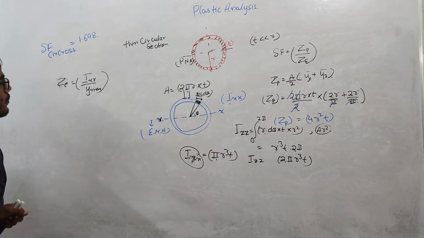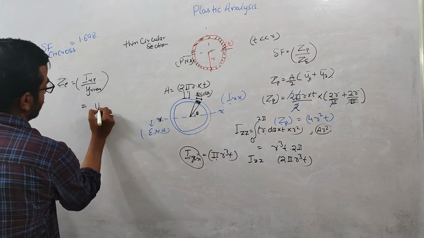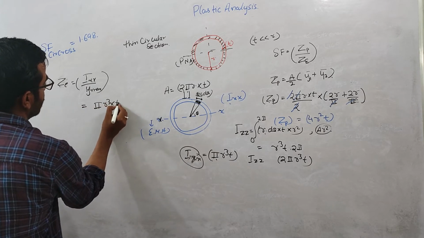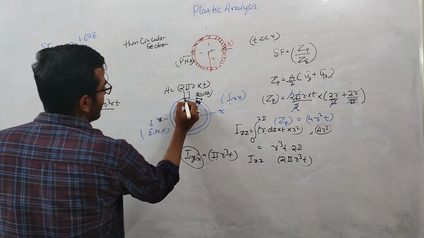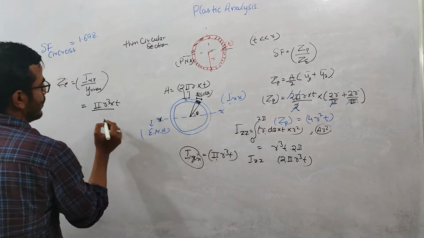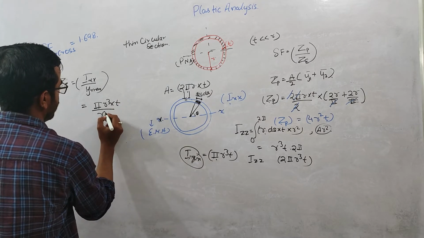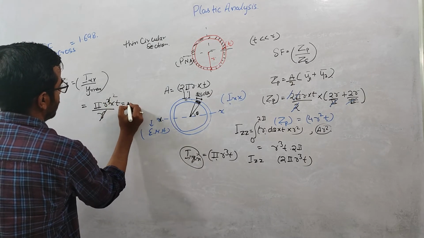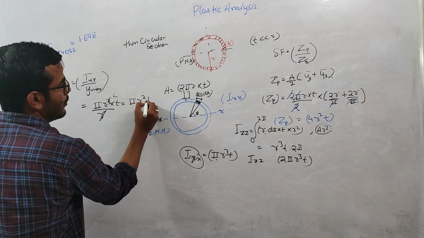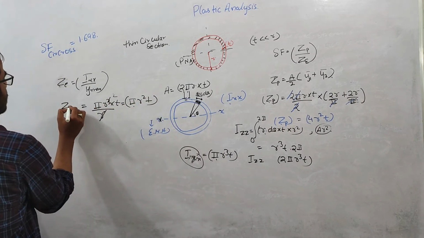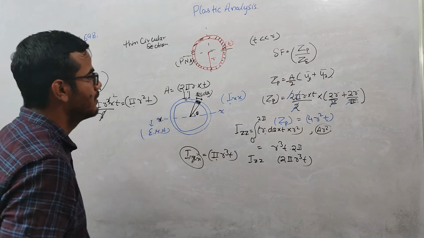So I axis is pi r cube into t, over y max, which is basically the extreme fiber. Because t is very, very small, it will be r. So this is nothing but pi r square into t.